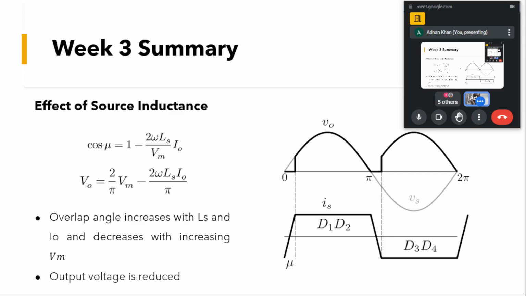Also, sir had taught about some multipulse converters that were not discussed in much detail; that will be discussed in this week. To learn about these multipulse converters in detail, you can refer to the book High Power Converters by Bin Wu. So this was about what had been taught in this week.